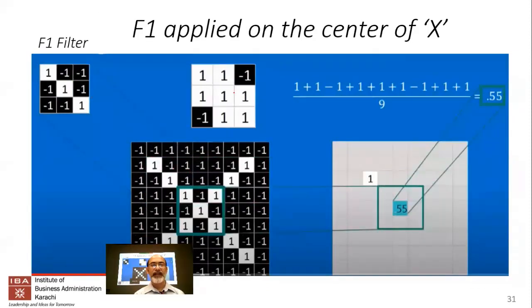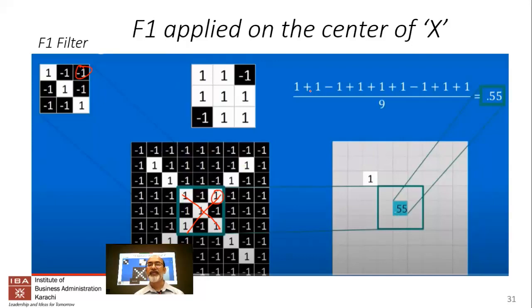Now, if we look at applying the F1 filter over here at the X, the X not only has this slanting feature, but it also has this. Okay, so now we expect that the output should not be that strong. All right, and this is what you get. So if you apply this, just do the calculation. Sometimes when you do a -1 with a 1 over here, you will get a negative value.